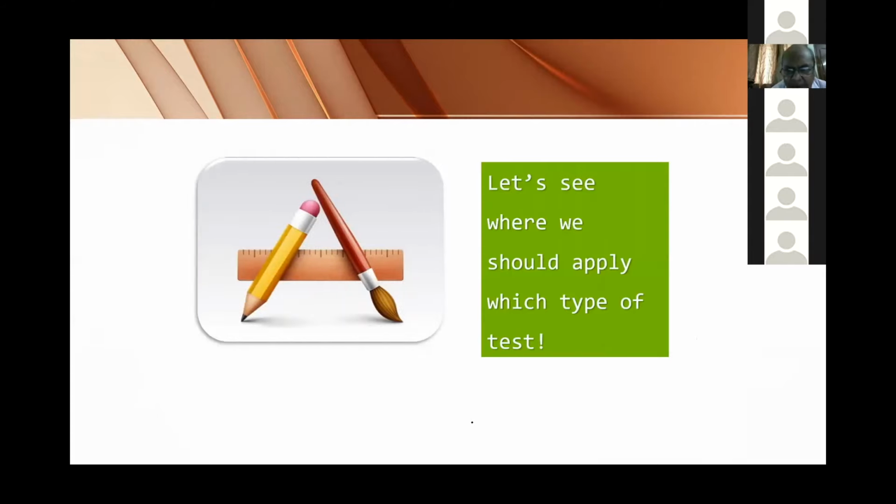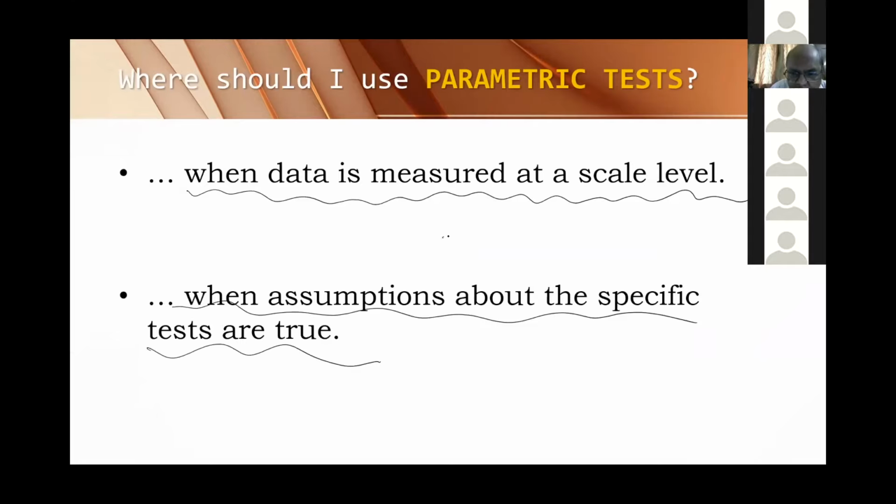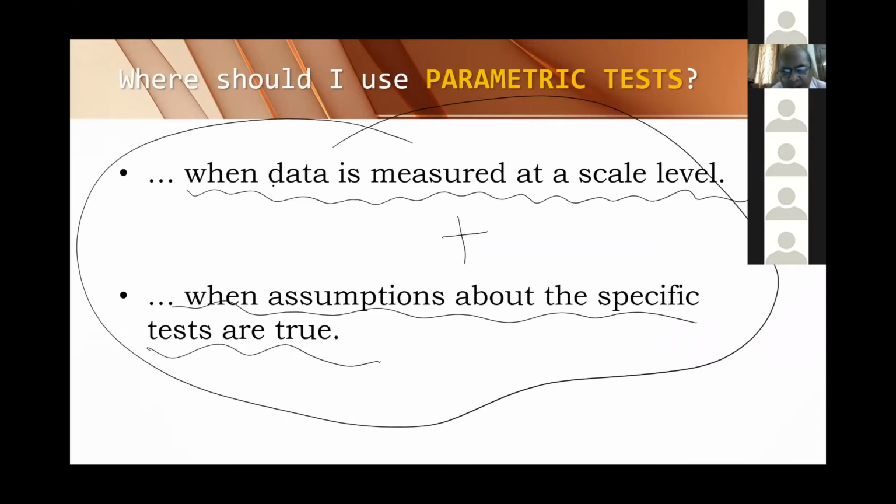Let's see where we should apply which type of test. Parametric test is used when the data is measured at a scale level and assumptions are true. These two together should be satisfied. If one of them is not satisfied, then we don't use parametric test.